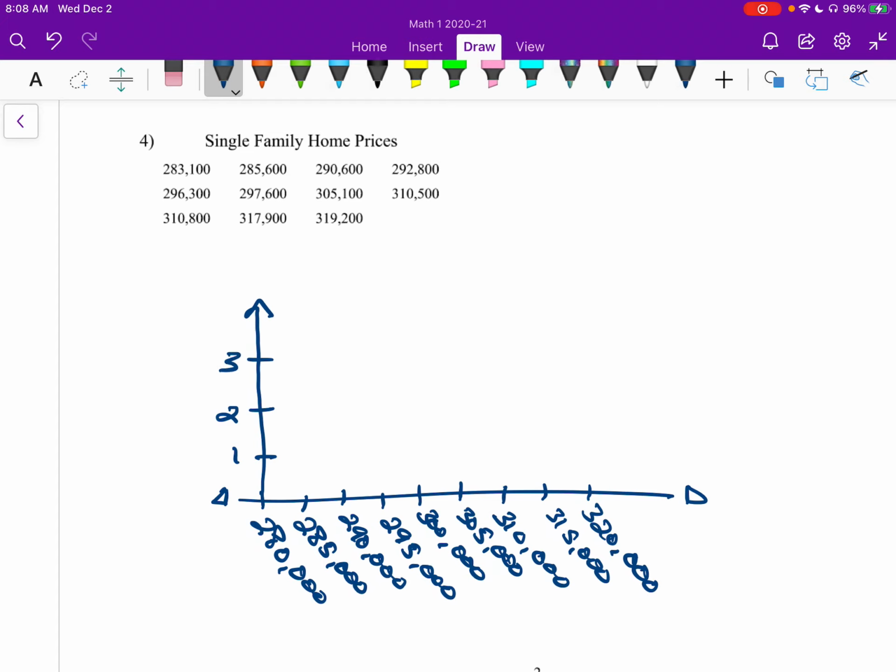All right, so my first interval is between 280,000 and 285,000. So I only have one number that falls in that interval. So I'll draw a short little box. And then I have 285,600, and then I go up to 290,000. So I only have one thing here for my next interval. In the 290,000s, I have this one, so that'll be just 1. 95 to 300 will be 1, 2.